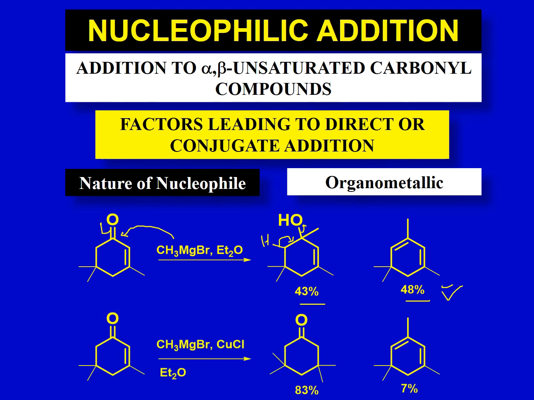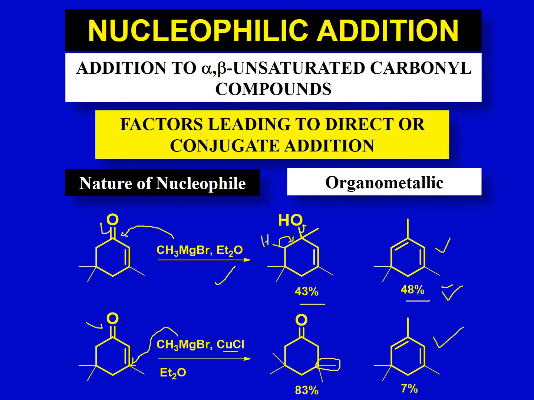But if we add a small amount of copper chloride to this alkyl magnesium bromide, then of course the polarizability changes, the nature of the nucleophile changes, and then this alkyl group will preferably attack this beta carbon. So if it attacks the beta carbon, the alkyl group gets attached here. You see this beta carbon now has two alkyl groups attached to it. This carbonyl group remains unchanged, but some of it may attack the carbonyl carbon as well, like in the first example here, and then after dehydration it may lead to the formation of this product here.